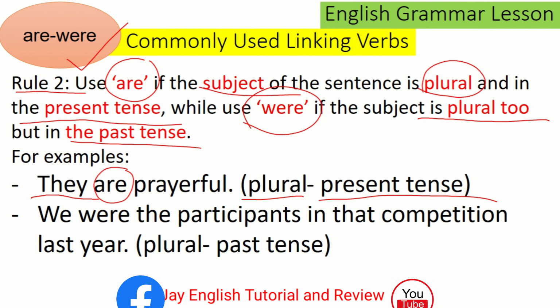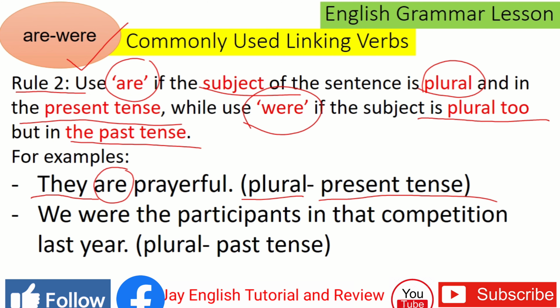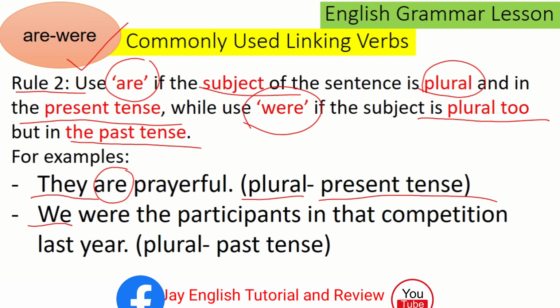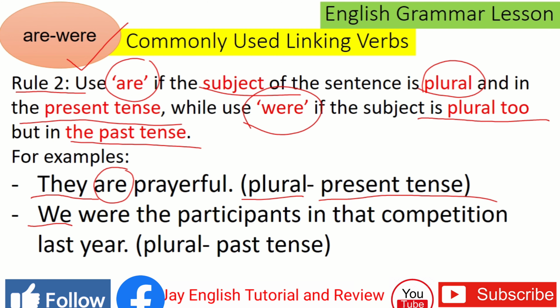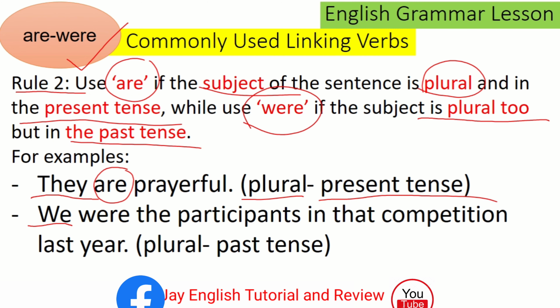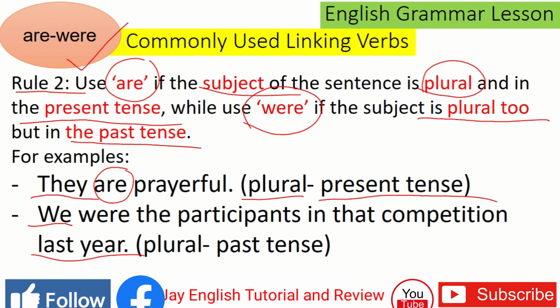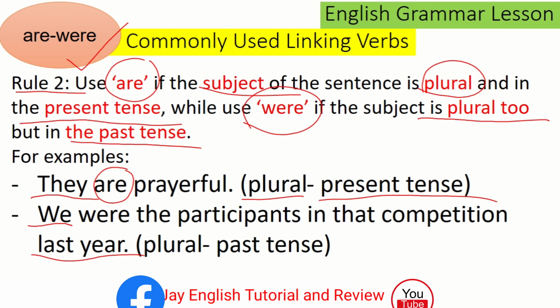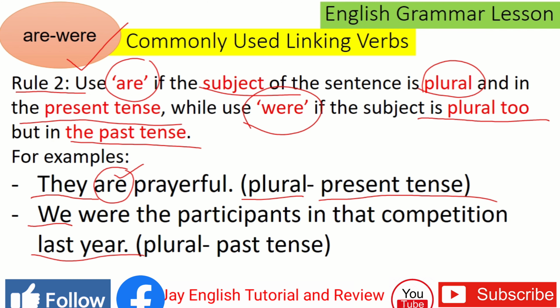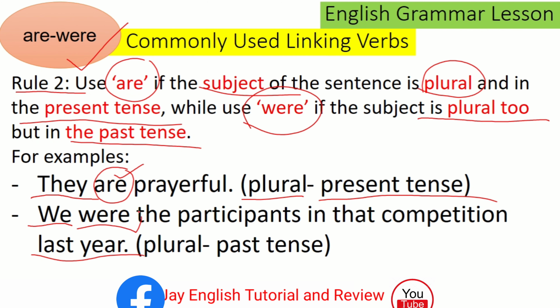Another example, we were the participants in that competition last year. Okay, so we have right here another subject which is plural. Since that competition already took place or happened last year, we are no longer going to use the linking verb are, but instead use the past tense of are, which is were.